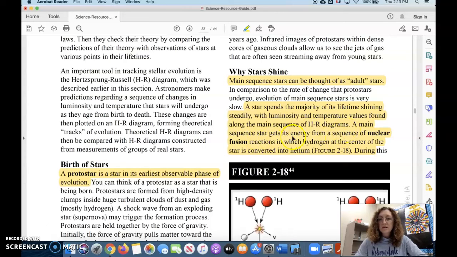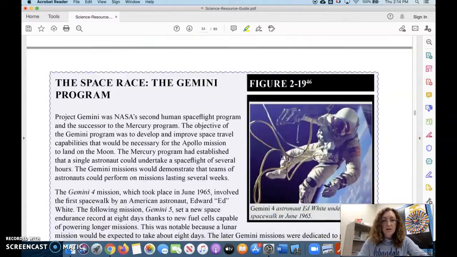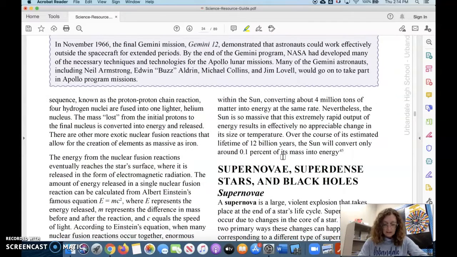A main sequence star gets its energy from nuclear fusion. Same thing that's happening inside the sun, nuclear fusion. Hydrogen, in this case, is at the center, being converted into helium. This is called the proton-proton chain reaction.